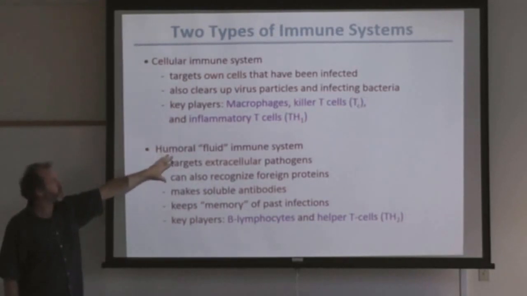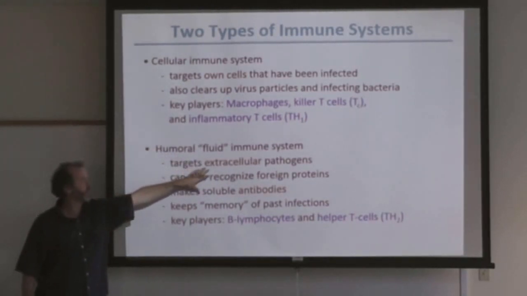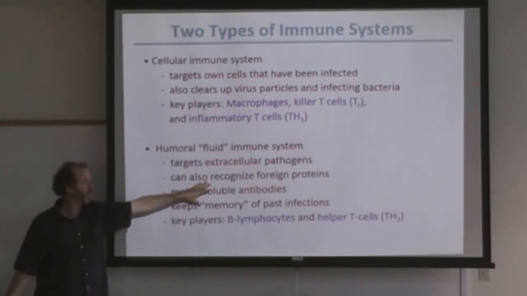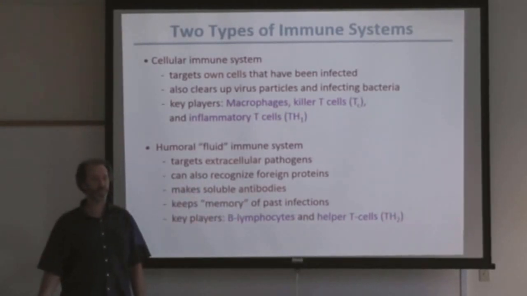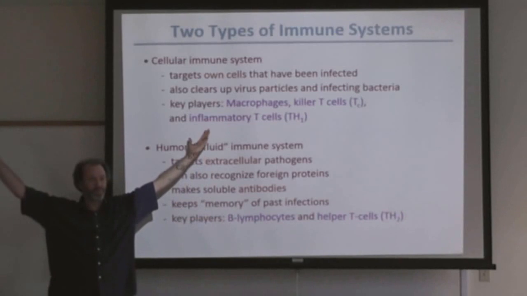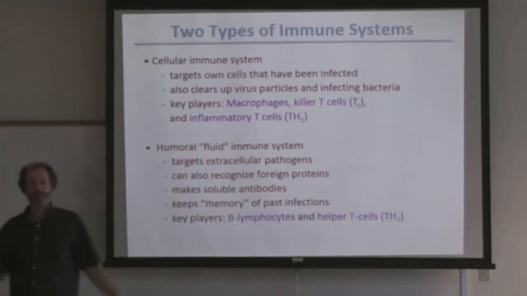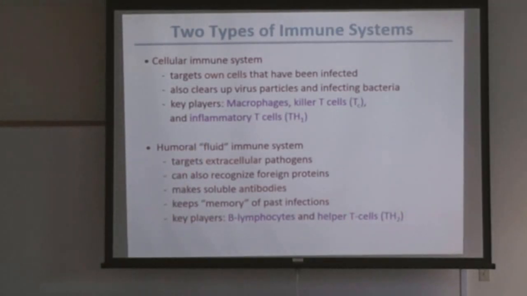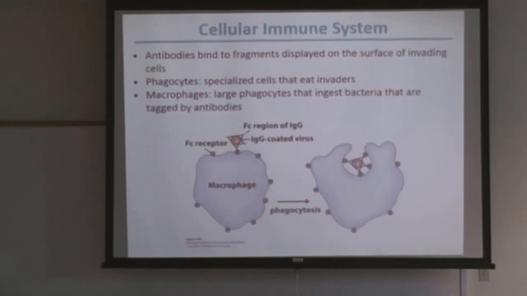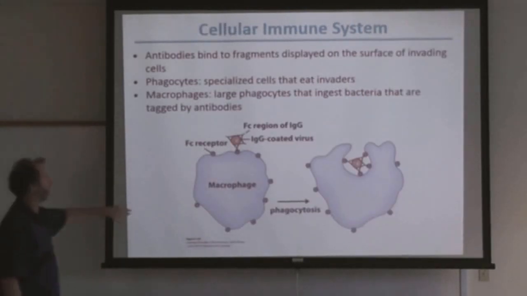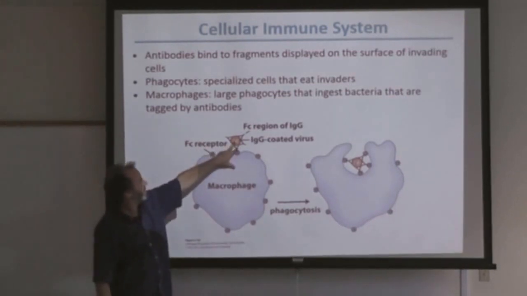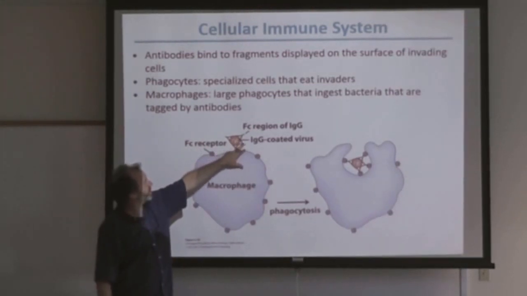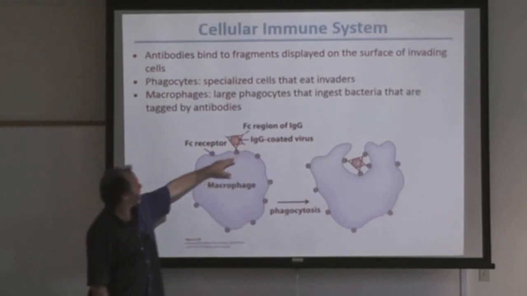And then the humoral or fluid immune system targets extracellular pathogens, right? And they make soluble antibodies. Do you guys know the structure of an antibody? Light chain, yes. So that's what this section is about, showing you how antibodies bind to fragments displayed on macrophages, or an Fc region of IgG-coated virus.